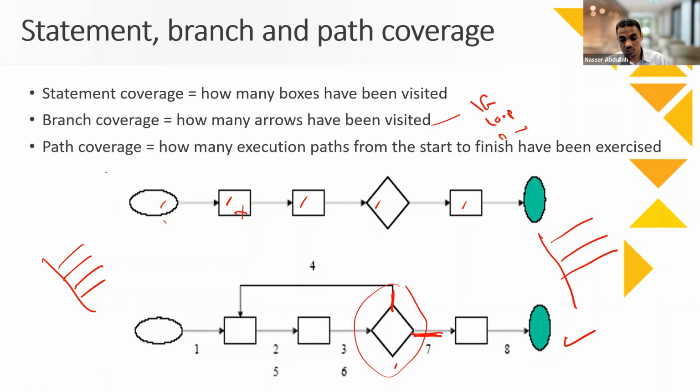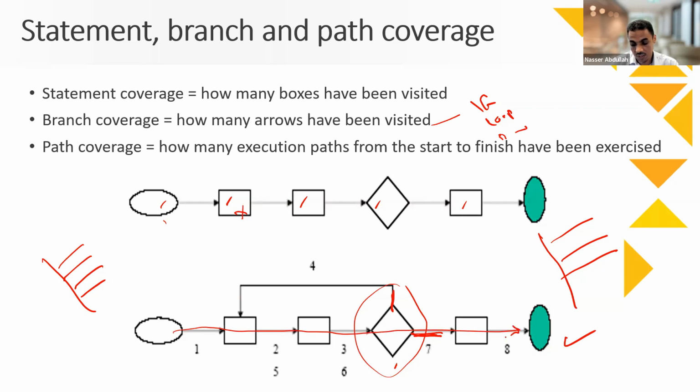The third one is the path. What do we mean by path? The path is the execution path from the beginning to the end. Let's say how many paths we have here. For example, the first path goes from this to the end.